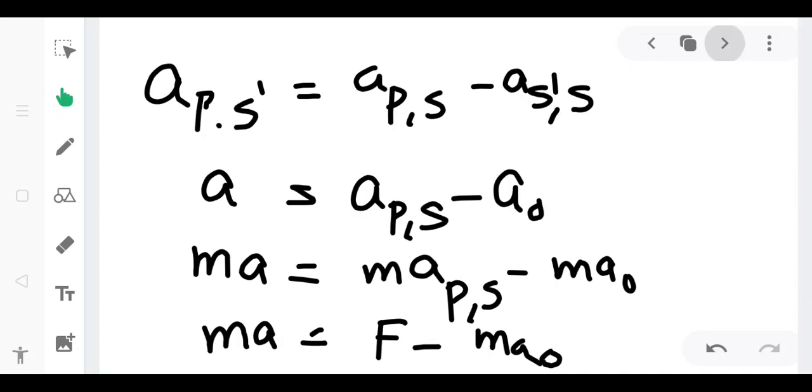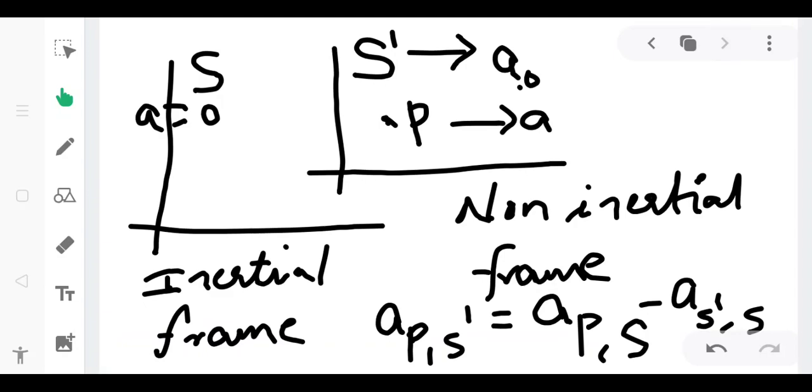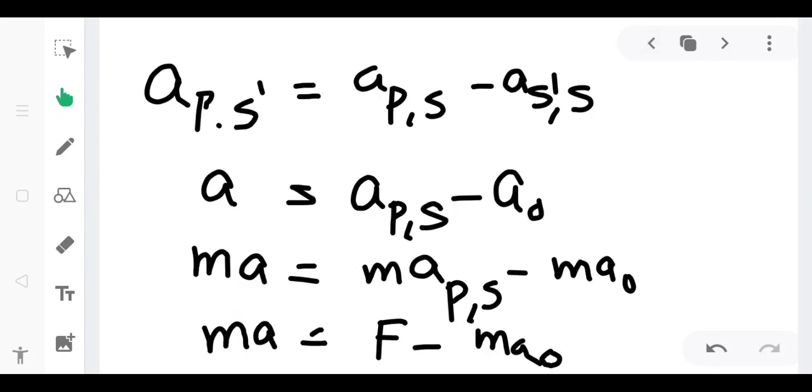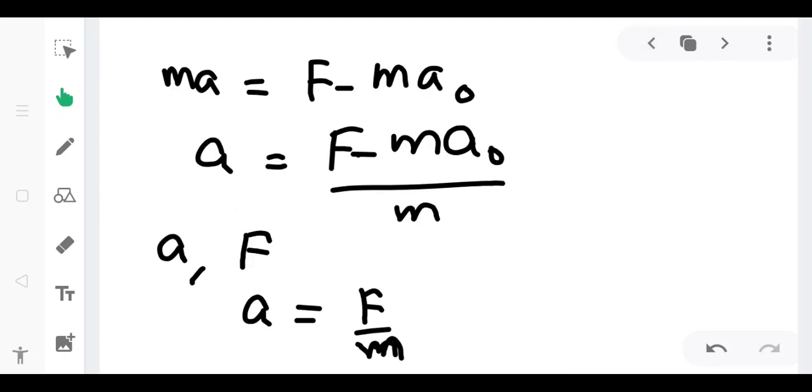Since the frame of reference s dash is non-inertial, meaning it has a certain acceleration a naught, that's why the m into a naught quantity should be subtracted from the net force. This is the net force acting on the particle.